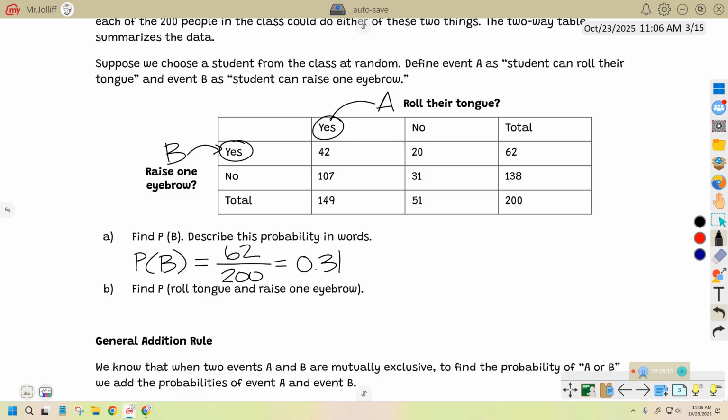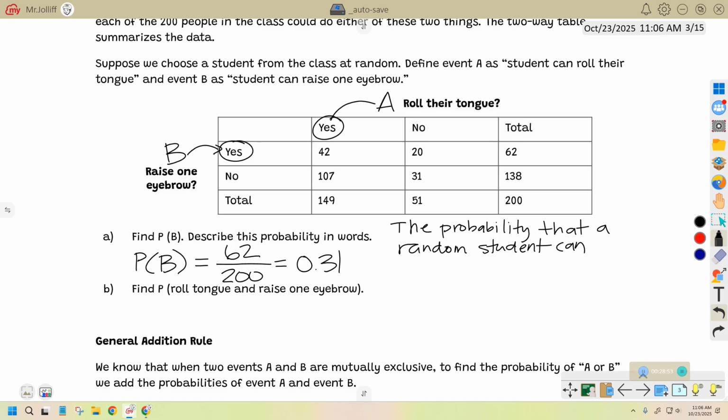Thank you, Will. And they say describe that probability in words. We know we lose points if we don't do that on the FRQs. So what is that telling us? The probability that a random student can, and what is event B?